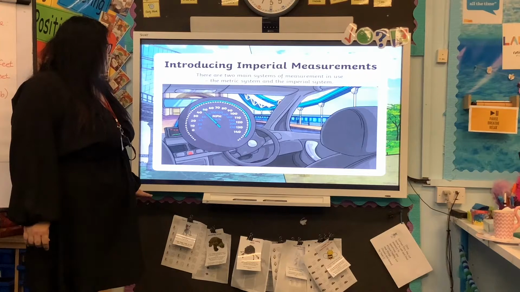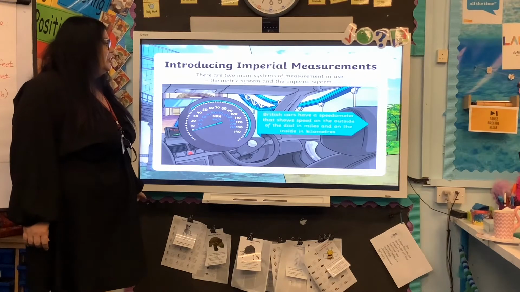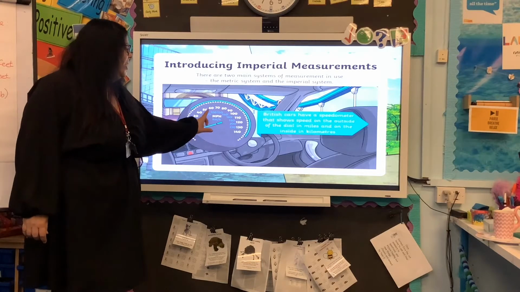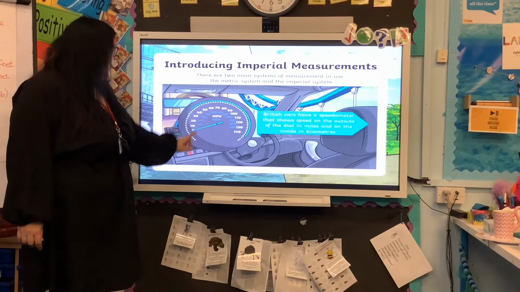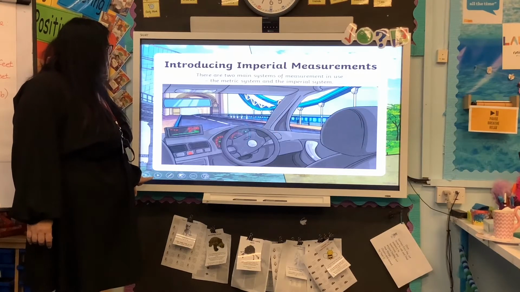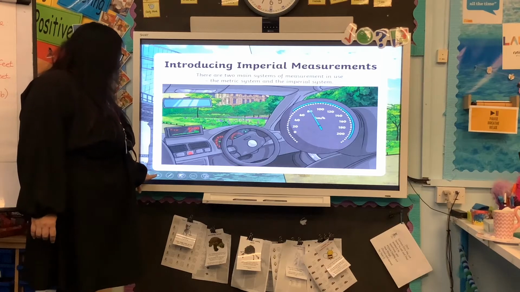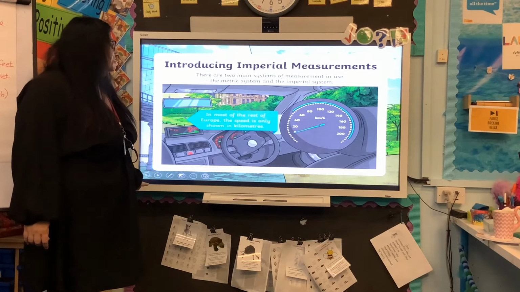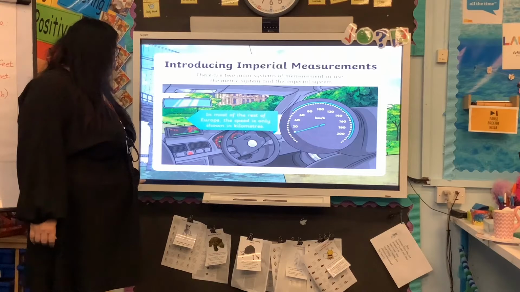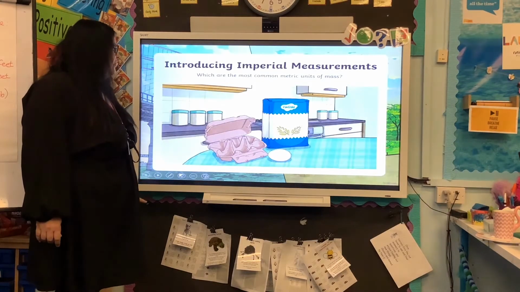So there we go, 50 miles an hour was 80 kilometres an hour. British cars have a speedometer that shows on the outside miles and then kilometres on the inside. So that shows us both. In most of the rest of Europe, so if you drive over to France, it'll only be in kilometres, they won't measure it in miles.